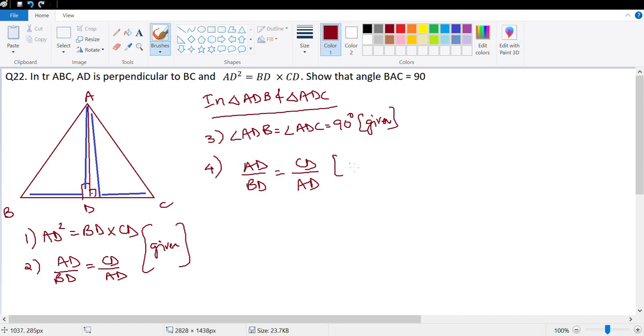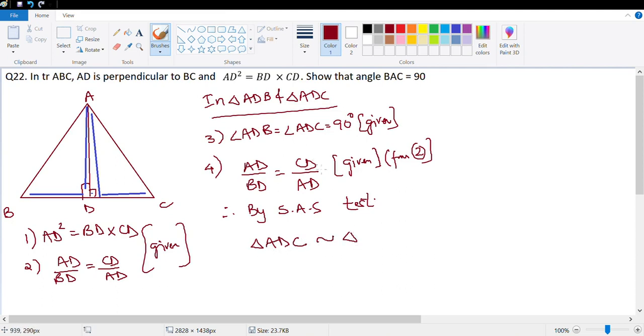This is given from point number 2. Therefore, by side angle side test, what we get is triangle ADC is similar to triangle ... I have written ADC first, so angle A would be equal to angle B.